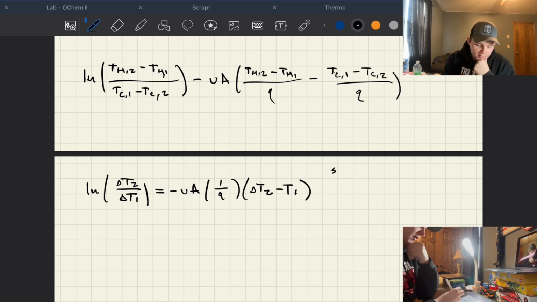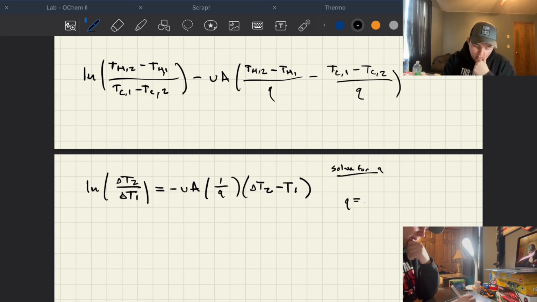Okay, and then when we solve for Q, we get Q is equal to negative UA over, and in the numerator we'll have delta T2 minus delta T1. I keep forgetting the delta.